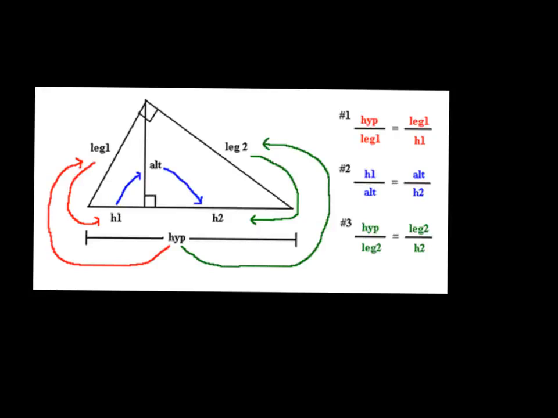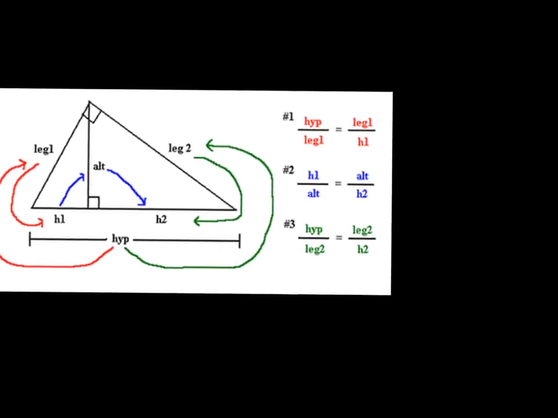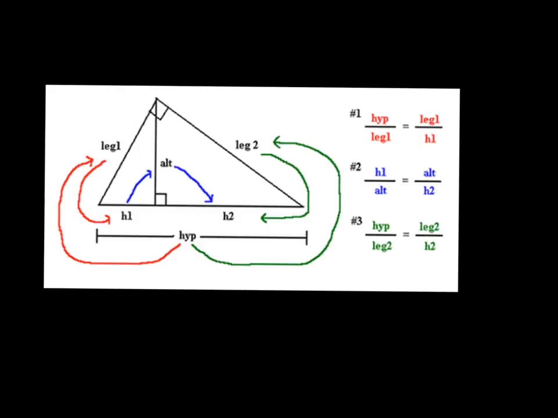It shows that the hypotenuse over leg 1, then leg 1 over hypotenuse 1, making the L shape.